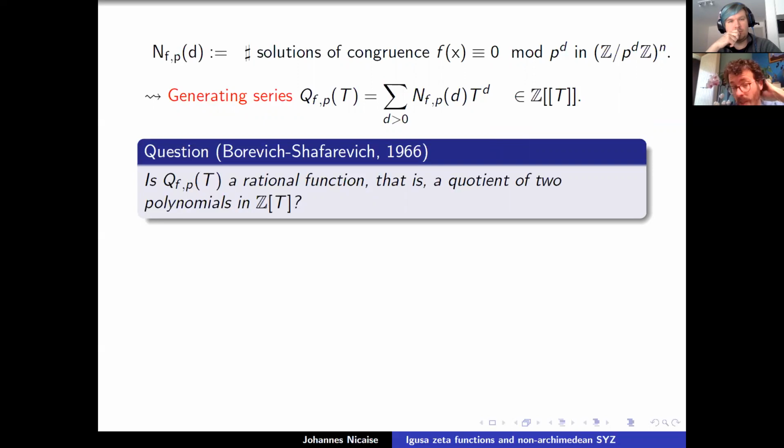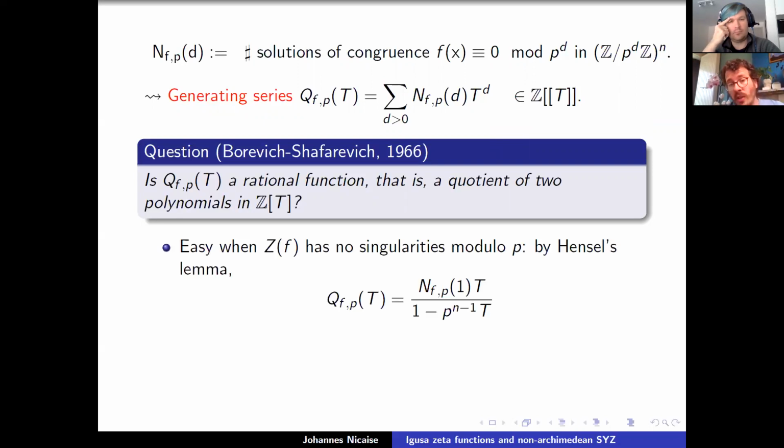An immediate thing we can observe is that this question is actually quite easy when f has no singularities modulo p. More precisely, if we look at the zero locus of f in affine n-space over the integers, and this is smooth at every point lying above the prime p, then we can just use Hensel's lemma. Hensel's lemma tells us, okay, we count solutions modulo p.